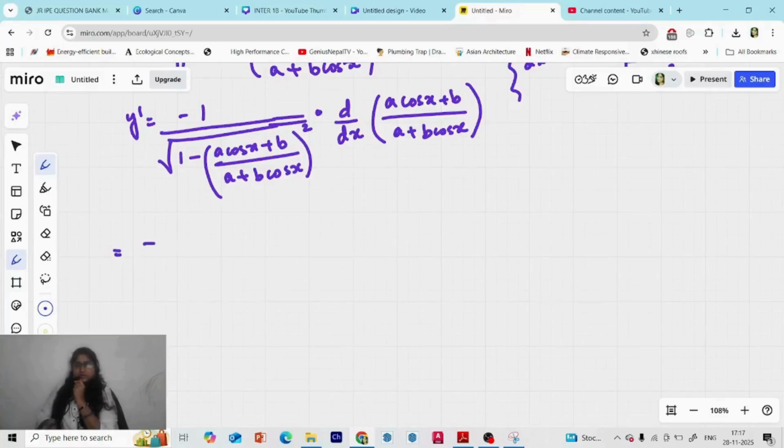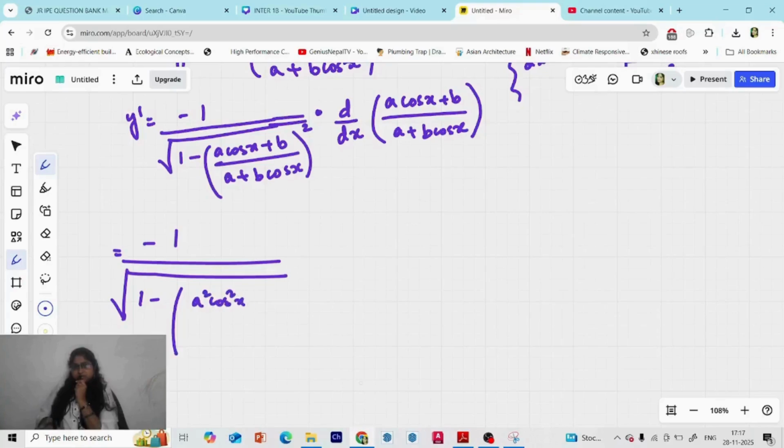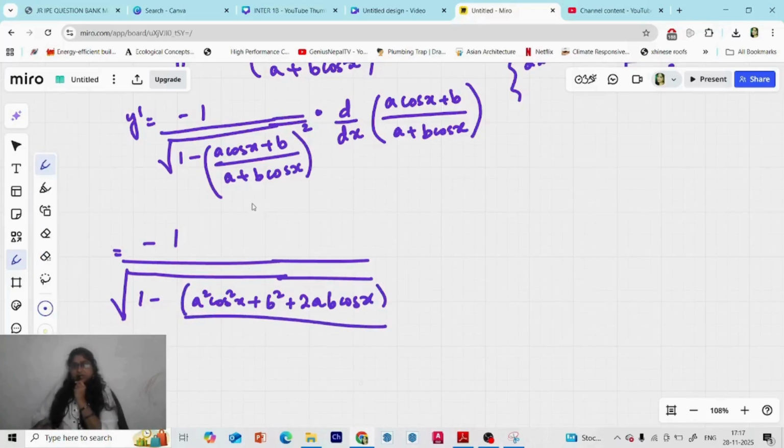Is equal to minus 1 by whole thing under root 1 minus (a square cos square x plus b square plus 2ab cos x) whole divided by (a plus b cos x) whole square. I'm not yet opening the brackets here, I'll tell you why.